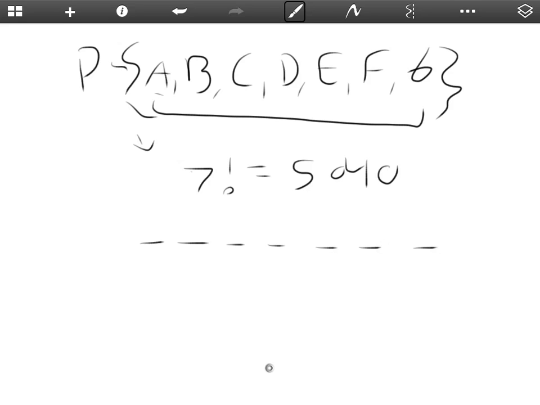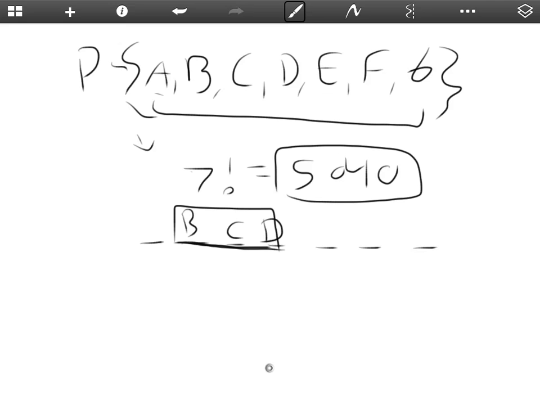Suddenly BCD becomes one element, and so now you only have 5 elements, because you treat BCD as one element.